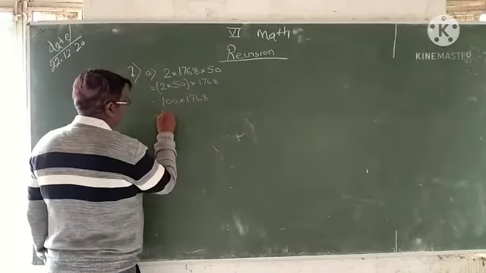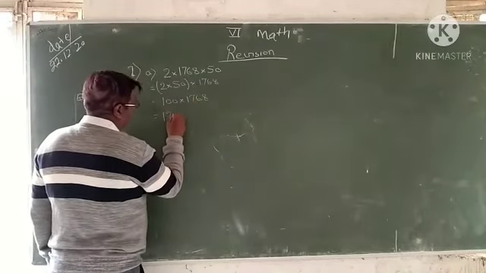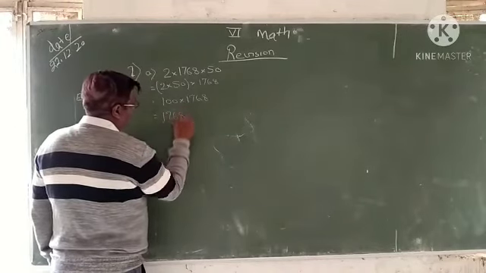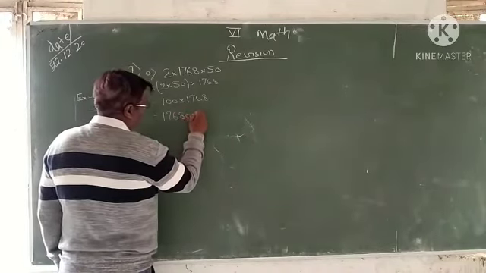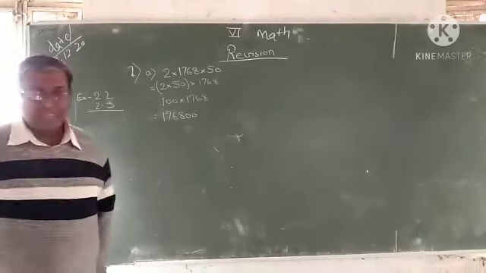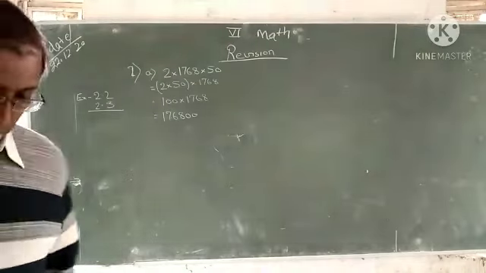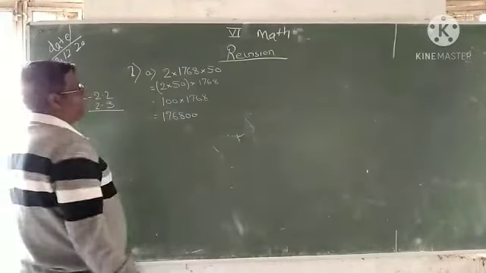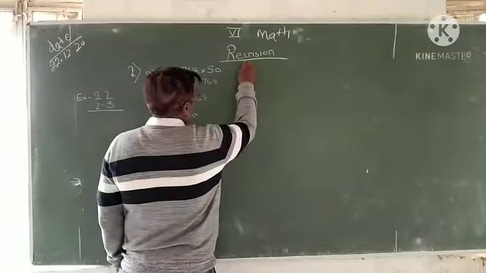It's very simple: 176800, and over here we need to add 2 zeros. This is how we need to do the arrangement when trying to find the product.